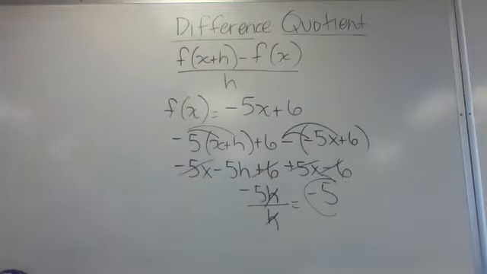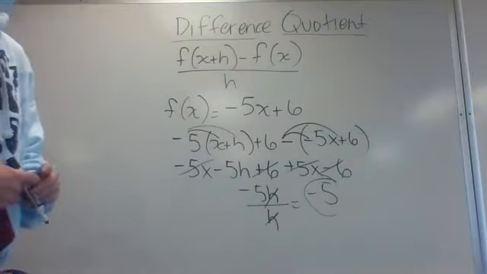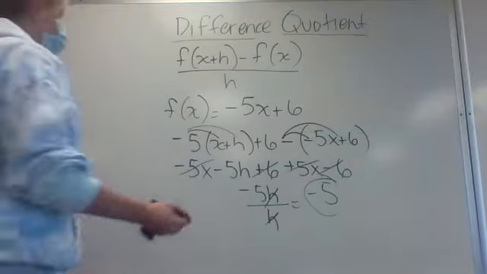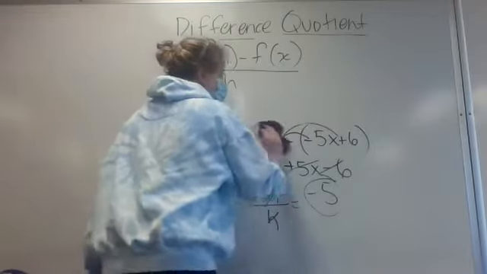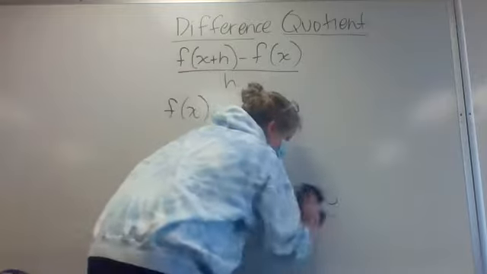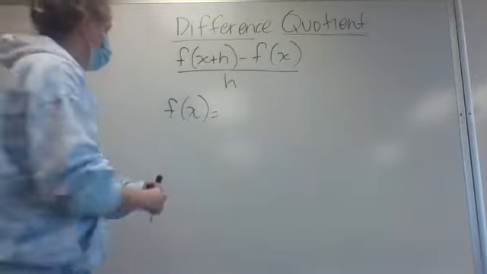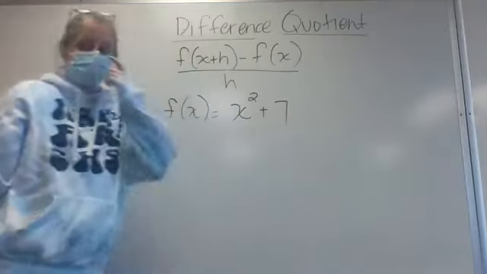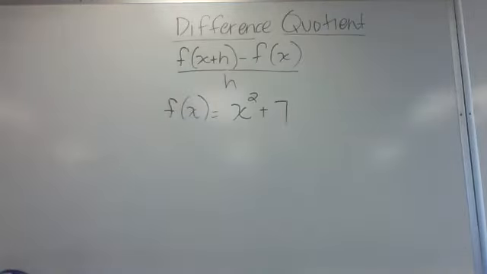Now, on number 3, my function is f of x equals x squared plus 7. This is where it gets a little messy.